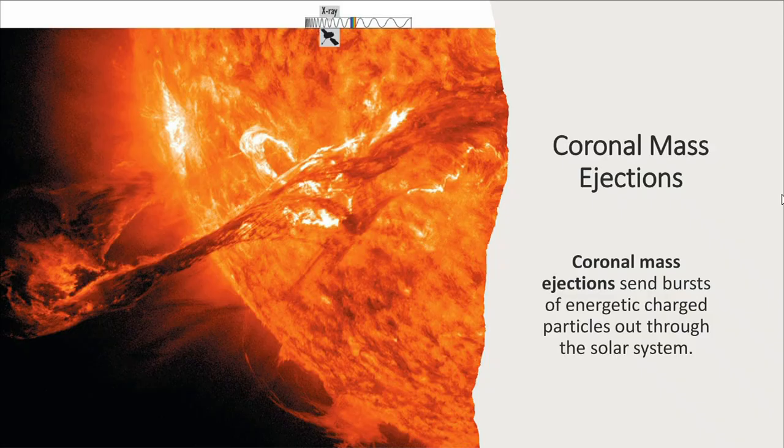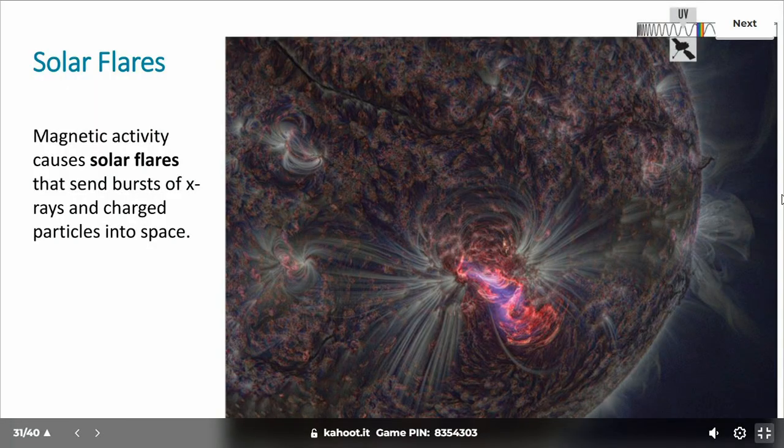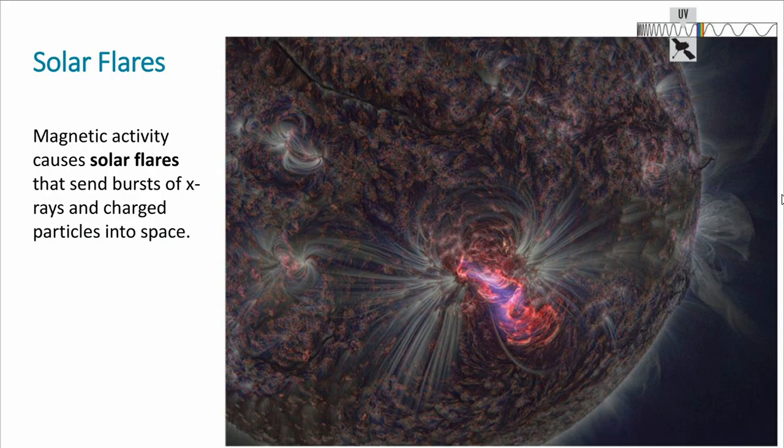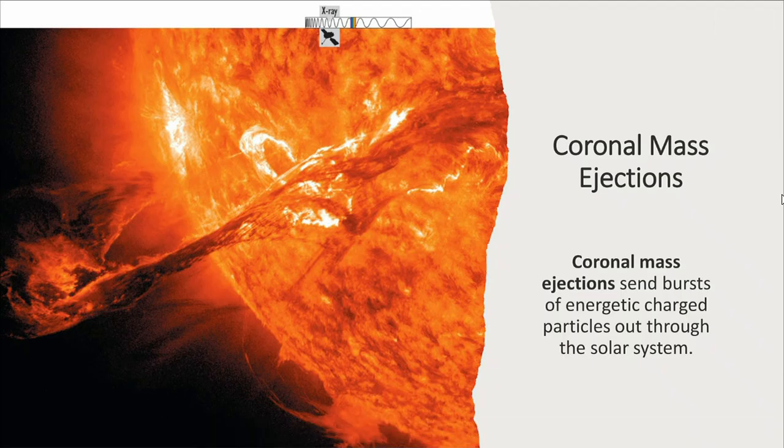So the big difference between the solar flares and the coronal mass ejections is that solar flares are photons, and coronal mass ejections are matter. But through both of these types of events, you get material from the sun being released out into space.